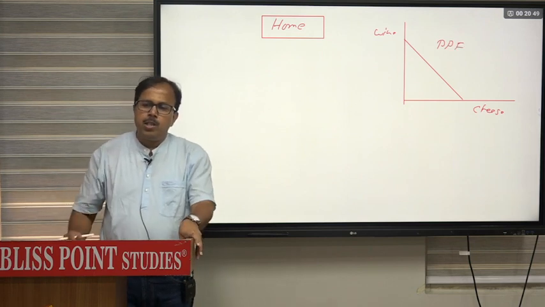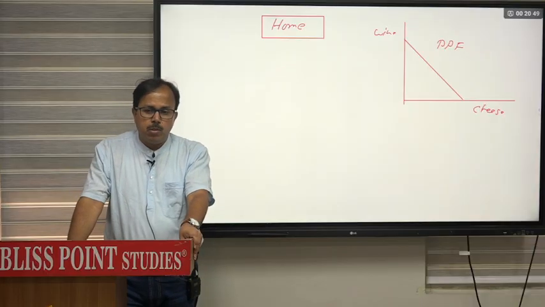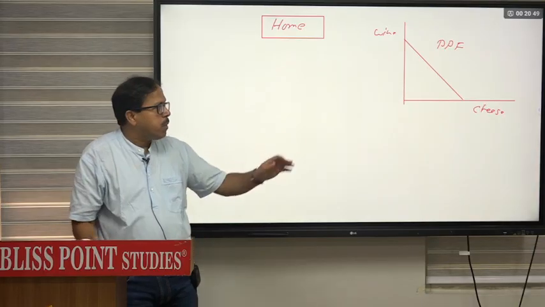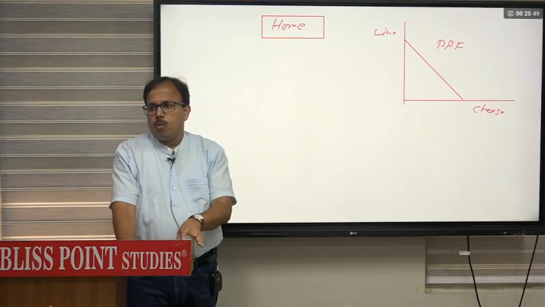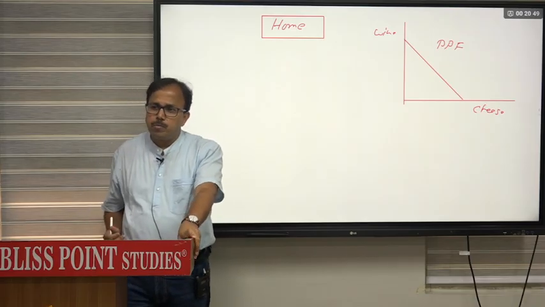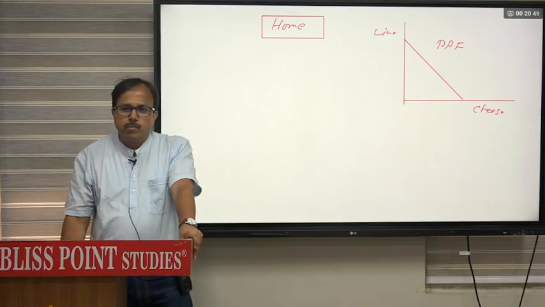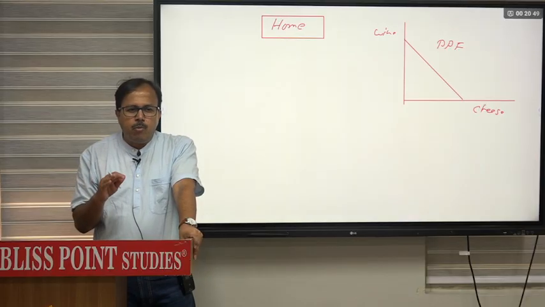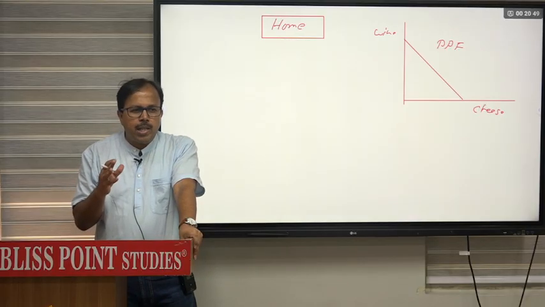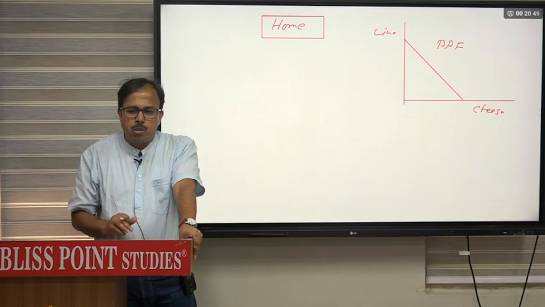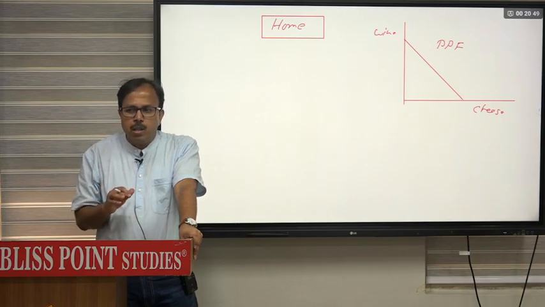If my question is what economy will actually produce, these are the possibilities of production. Production possibility curve only indicates what economy can produce. These are the possibilities. What will be the actual point of production?